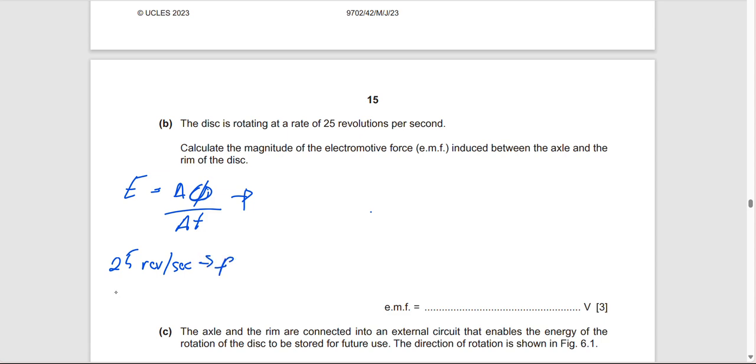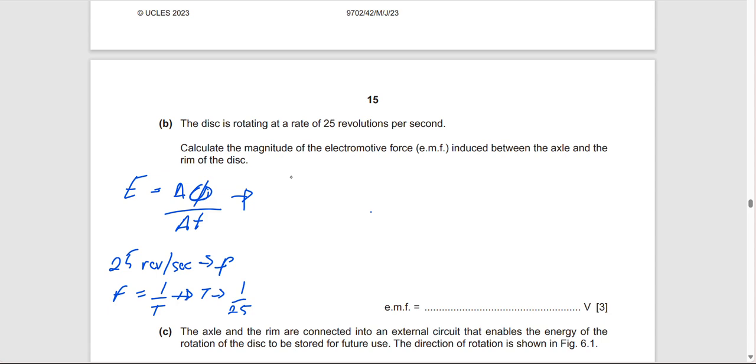Remember the relationship between frequency and period, or time: f is equal to 1 over T. So to get T, we just say 1 over 25.